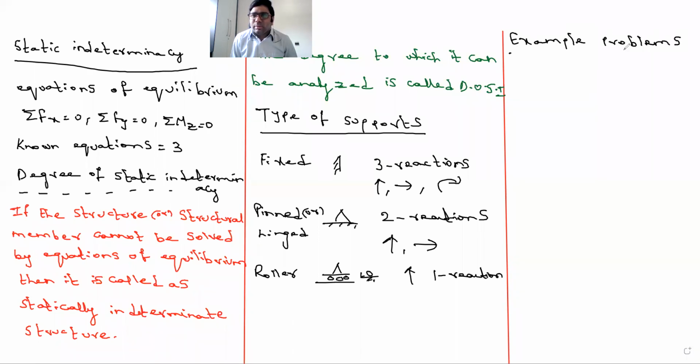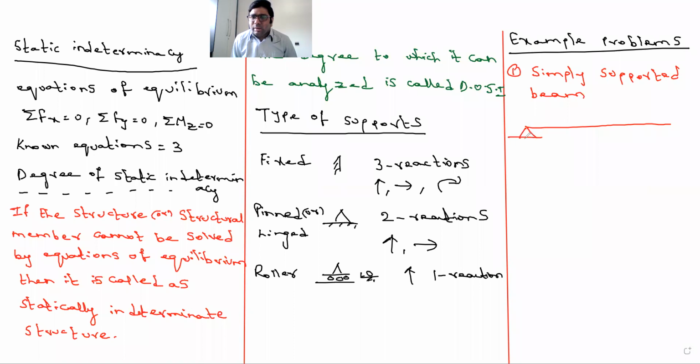Let us take the first one as a simply supported beam. I'm repeating because this is very important and you need to understand it without any doubts. If you take a simply supported beam, you have a hinge at the left or right side and a roller at one end. Now, how to calculate the degree of indeterminacy?